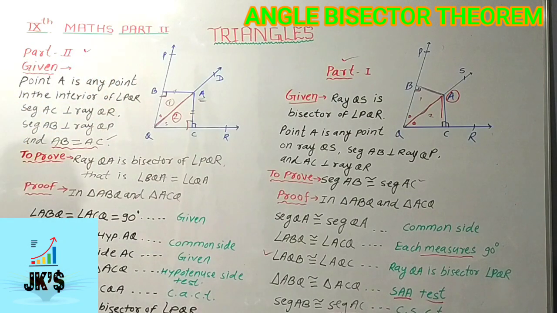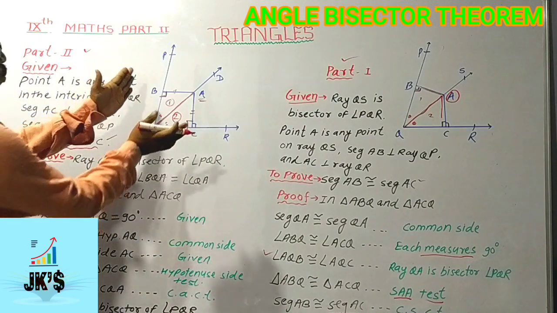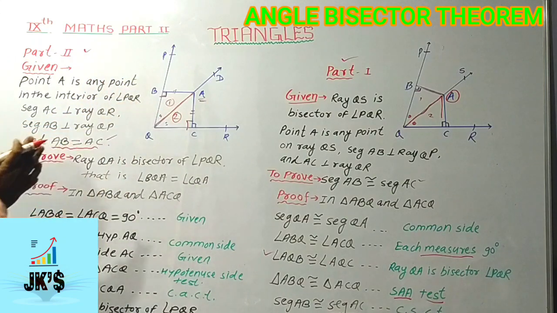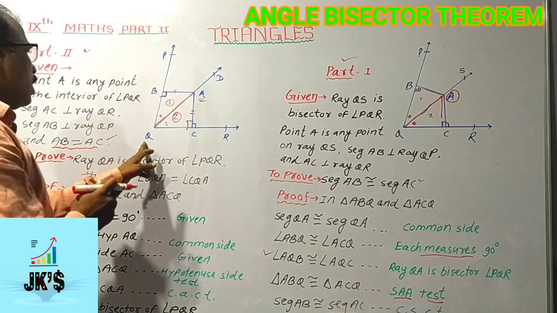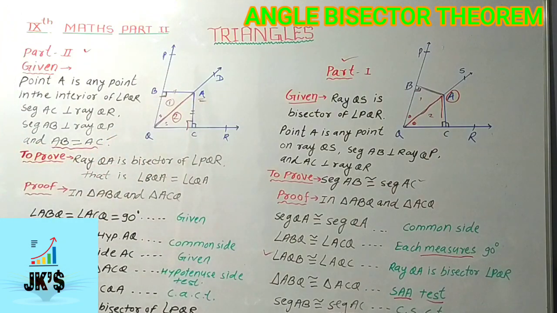If two angles are congruent and those are in the interior of angle PQR, hence ray QA is nothing but the bisector of angle PQR, and this is what we had to prove. Okay, it gets proved.